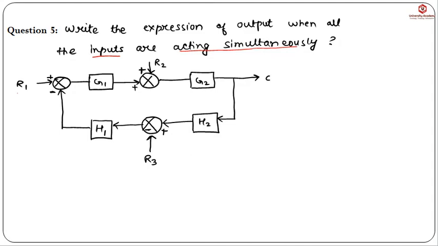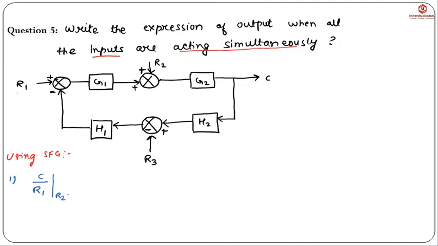Okay, so first when we write the transfer function, we will write it using the signal flow graph concept. So first we will write the transfer function by considering the input, let me write C by R1 only. So here we are considering R1 as the input, so the other two inputs we have to consider as 0.